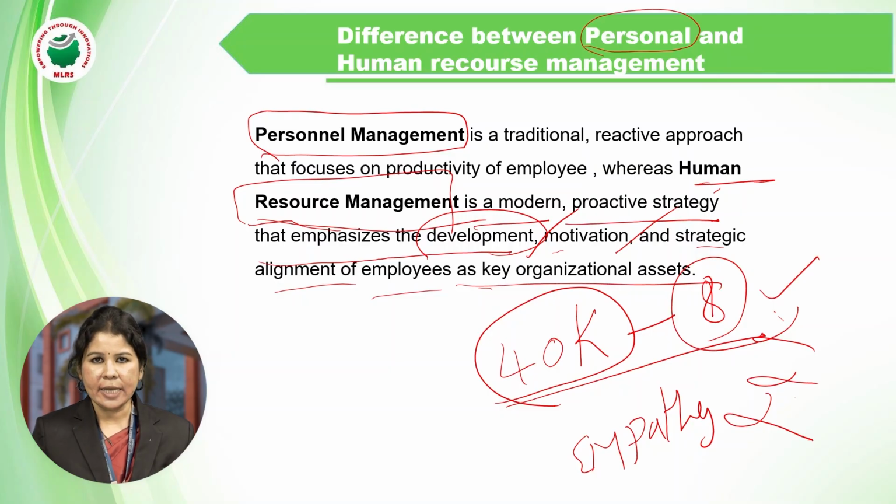So here HRM will take care of all these aspects, like development of the employees, motivating the employees, and strategic alignment of the employees who are working in the organization, for a better productivity, a better satisfaction, and a better retainment of employees who are working in the organization.